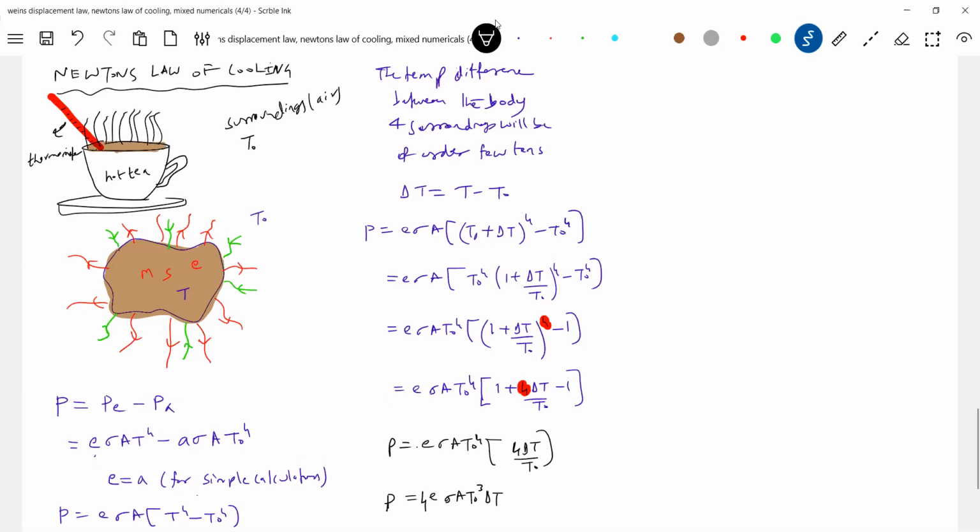So what's happening to the body? It is giving out heat, no? So power, we can write it as dQ by dt. Delta T is the temperature difference between body and surroundings, of order of few tens. What is delta T again? Temperature difference.